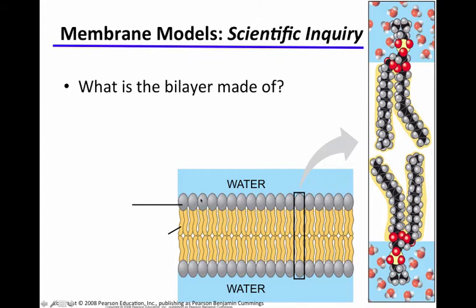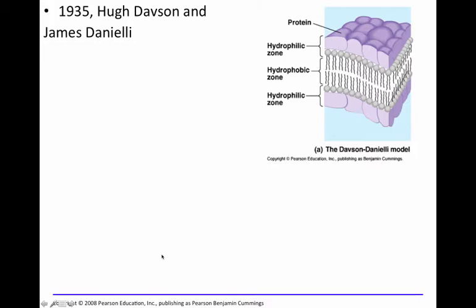One layer, the phospholipid heads. The second layer, of course, is composed of these hydrophobic regions, the fatty acid tails. Hydrophilic heads and hydrophobic tails. So this is a lipid, one layer, two layers, a lipid bilayer. What do we know about this fluid mosaic model, about this lipid bilayer model from the past?